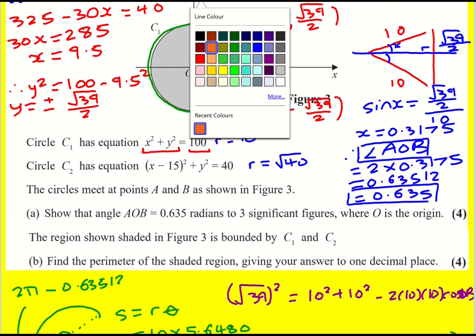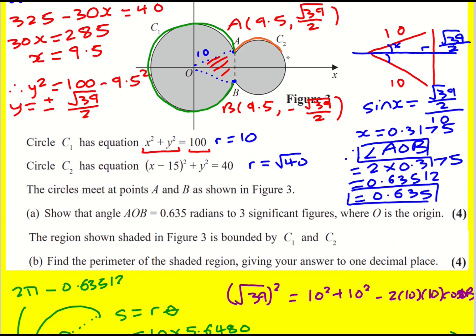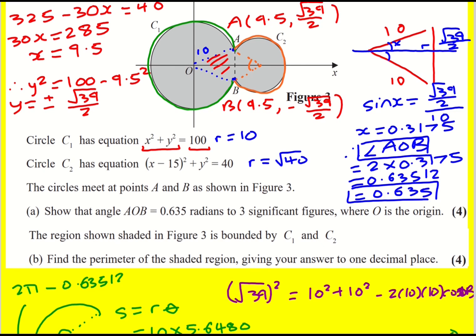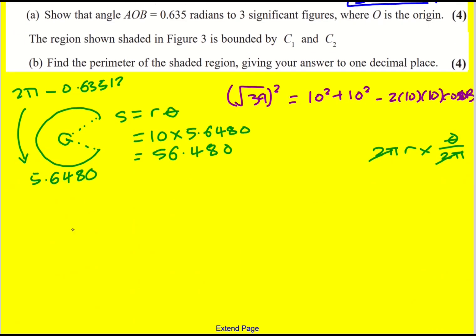And we're just left to work out the orange part. Now, it's going to be a similar process. We first of all need to find the angle inside here. Let's draw the triangle out. Now the radius for the second circle was root 40.